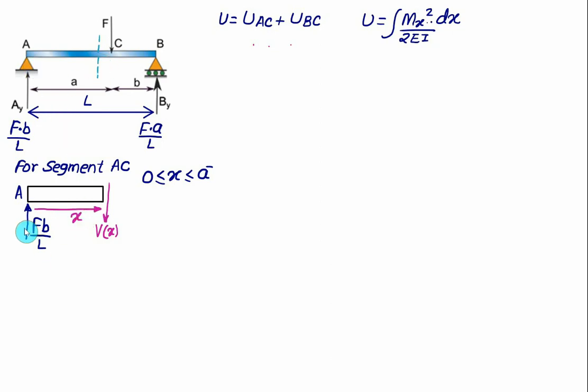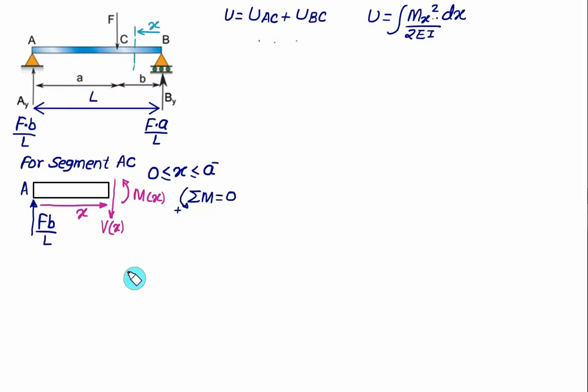The moment about the section plane is clockwise, so I will show here an anticlockwise internal moment reaction, let's say equal to M of x. If I take the sum of moments, taking anticlockwise positive, it must equal 0. So the moment of the force FB divided by L multiplied by x will be clockwise.